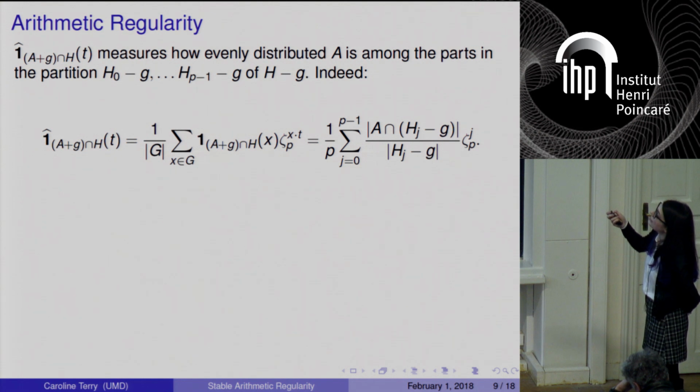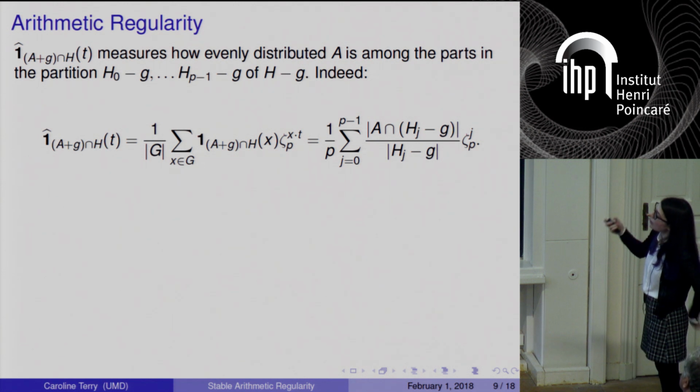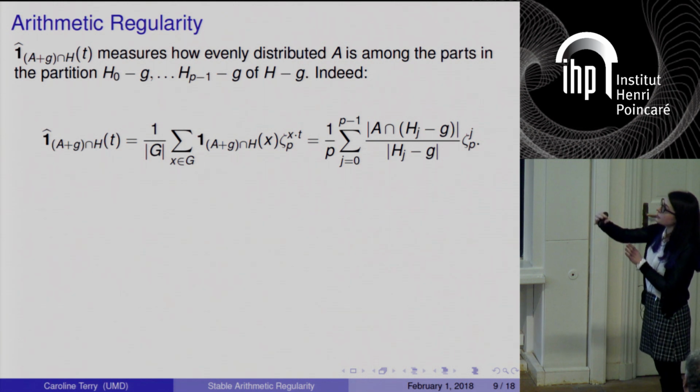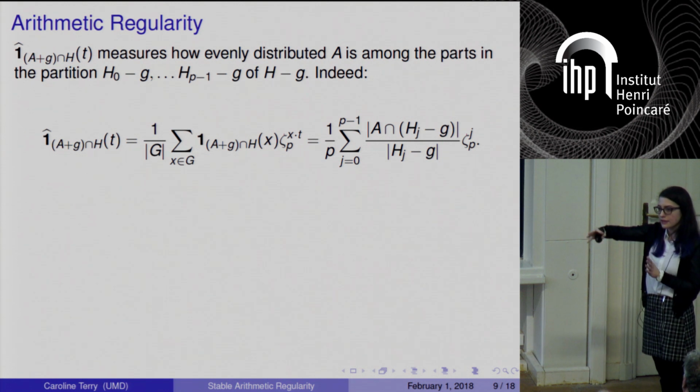And the point is that the coefficient of the jth term is the size of A intersect H_j minus g divided by the total size of H_j minus g. So this is how much of that particular piece in the partition A takes up. So it's the density of A on that part of the partition.